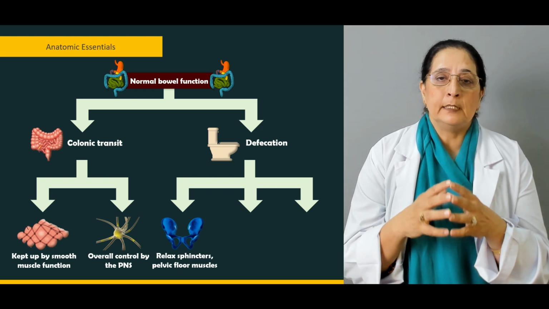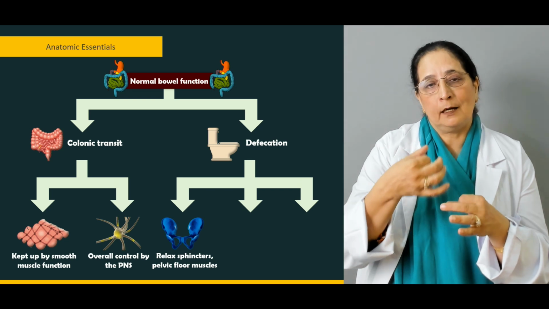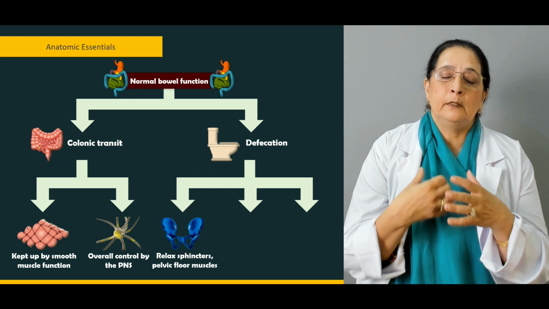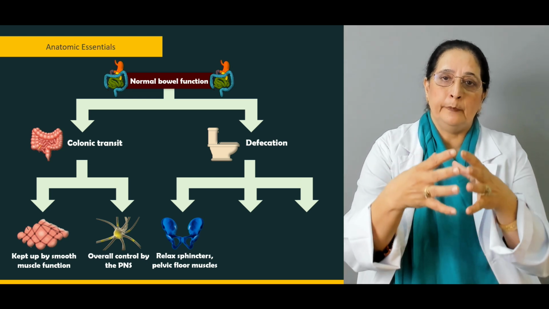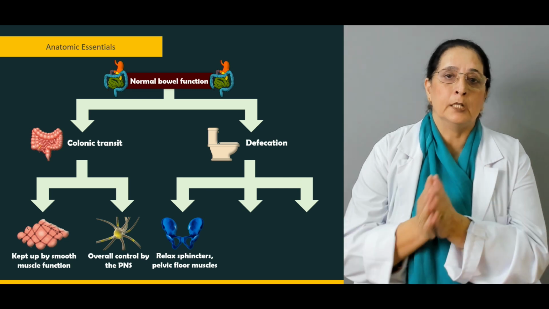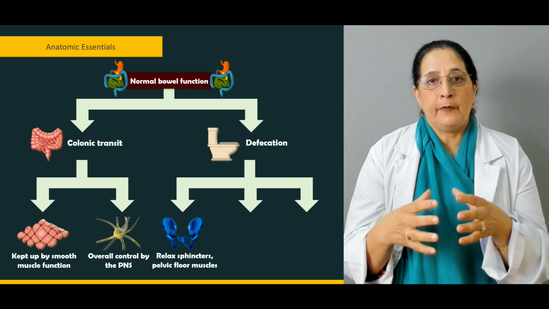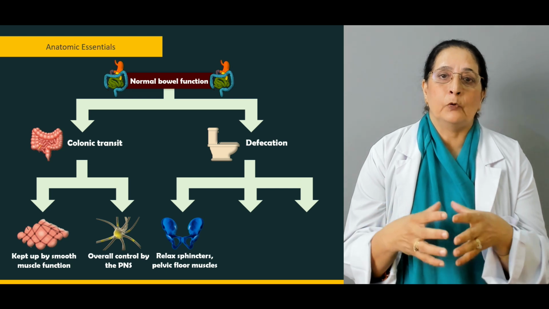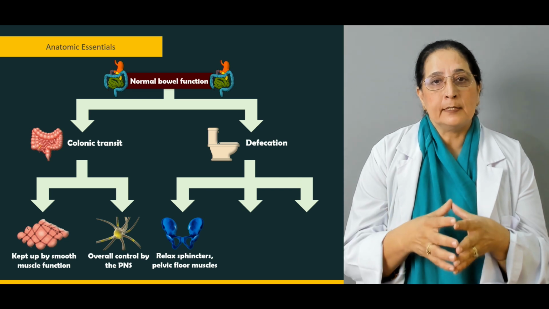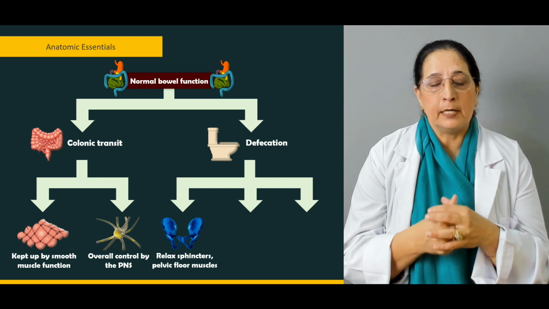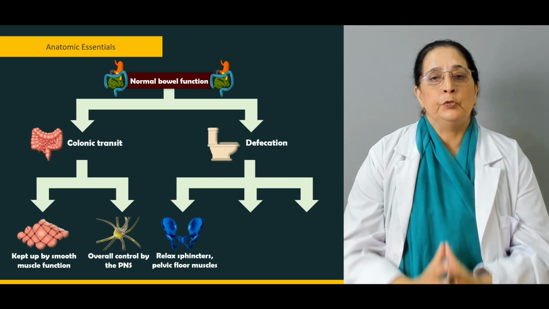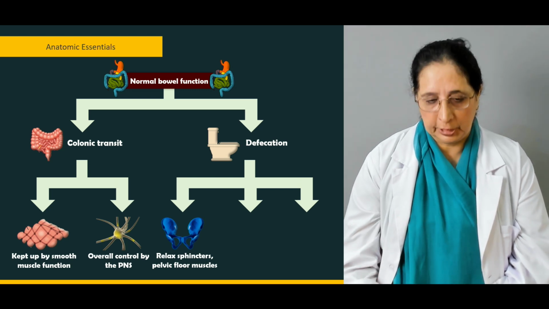Sphincters are the openings between the cavities, and they allow the substance or material to pass from one organ to another. If the sphincter is not relaxed or open, then there is no defecation. So a relaxed anal sphincter, internal and external, leads to the process of defecation.